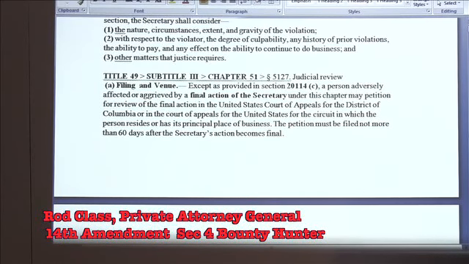Don't say judge. It says secretary. Is this the administrative? Yes. Under this chapter may petition for review of the final action in the United States Court of Appeals of the District of Columbia. This is a federal court. This is not your appeals court. This is not your local courts.